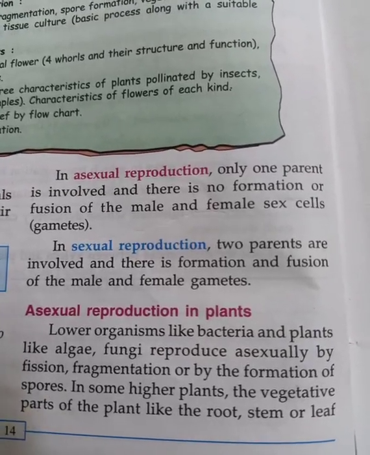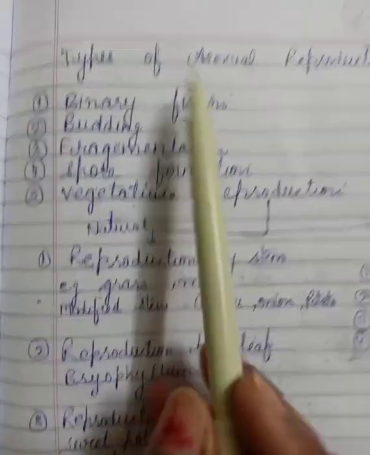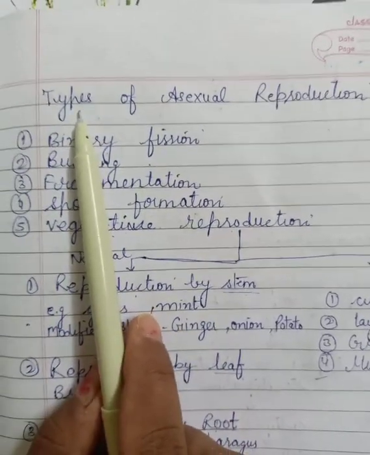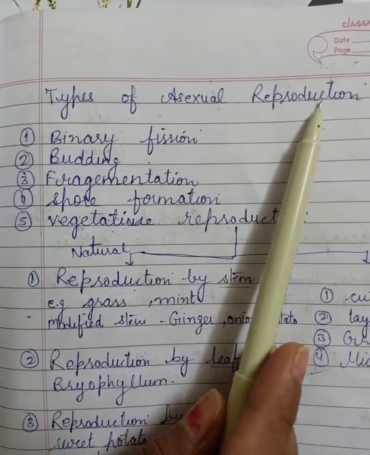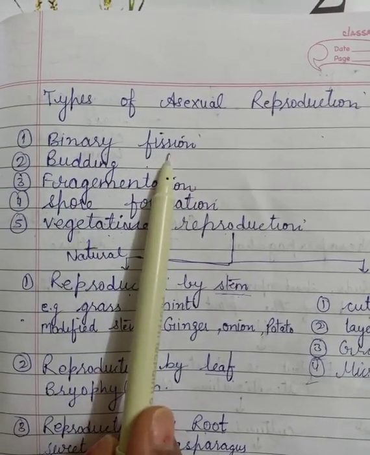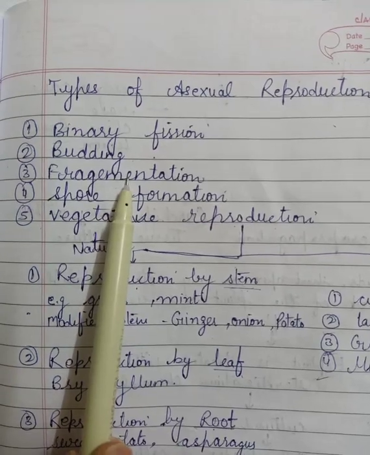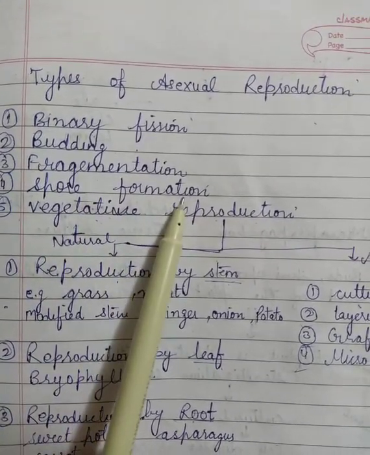So children, what we had discussed in the previous lecture, that I am going to show you. Types of asexual reproduction: binary fission, budding, fragmentation and spore formation.